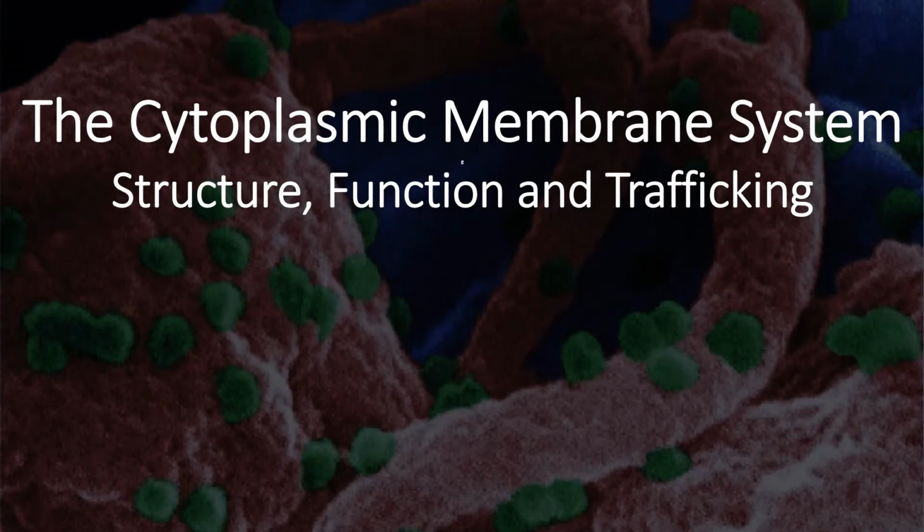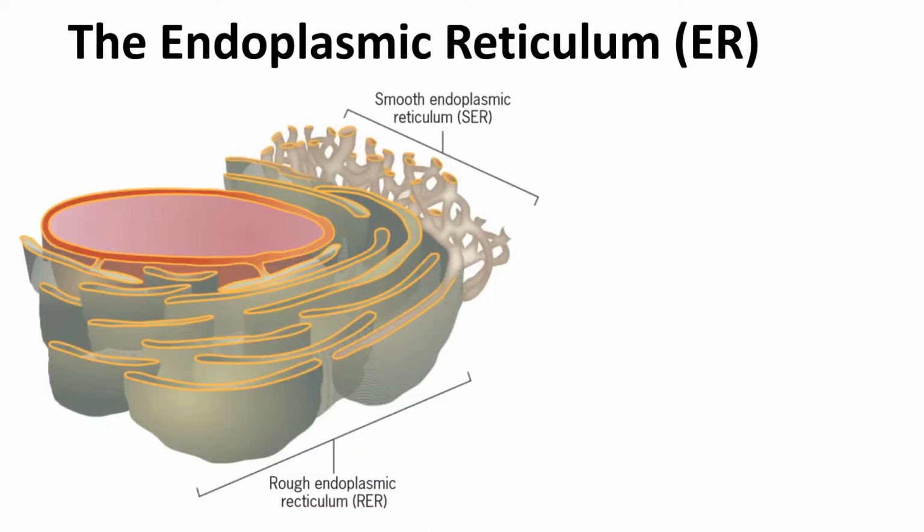In this second video of the endomembrane system, I will be discussing the source of the production of a majority of the products from inside the cell, and that's the endoplasmic reticulum. The endoplasmic reticulum, as we know, is subdivided into two parts based on their function and also on their appearance.